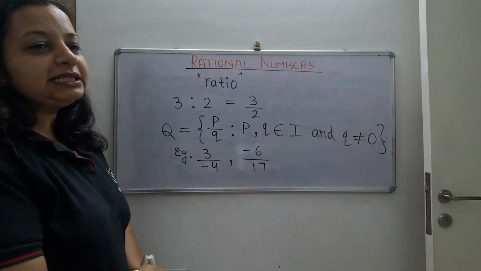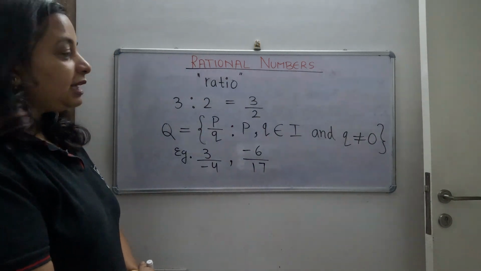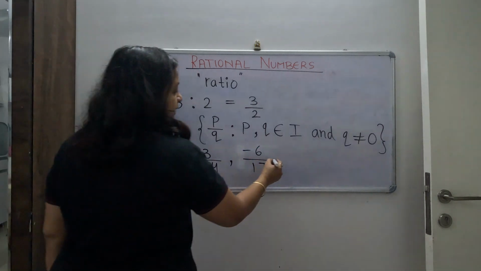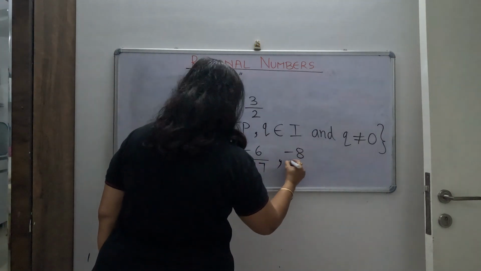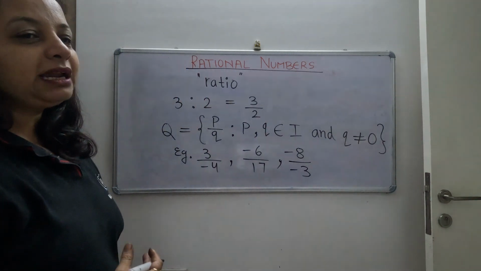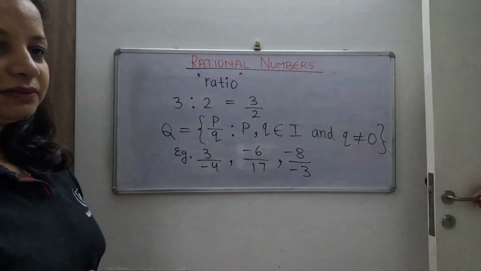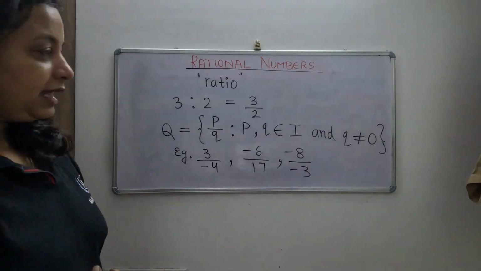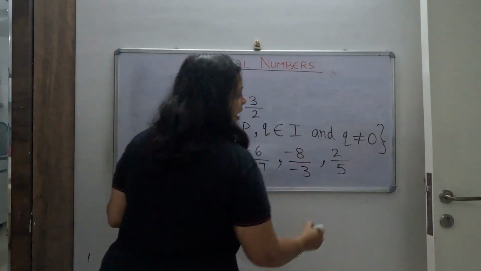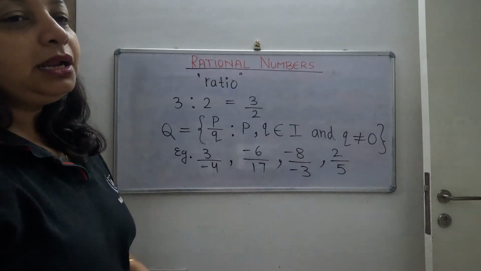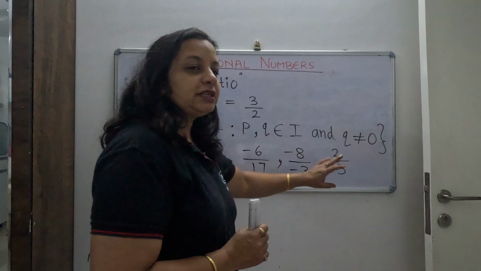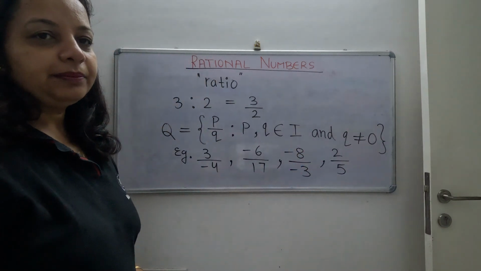Now the numerator is a negative integer and the denominator is a positive integer. Another example, negative 8 over negative 3. Now both numerator and denominator are negative integers. The fourth example is 2 over 5. Here both are positive integers.